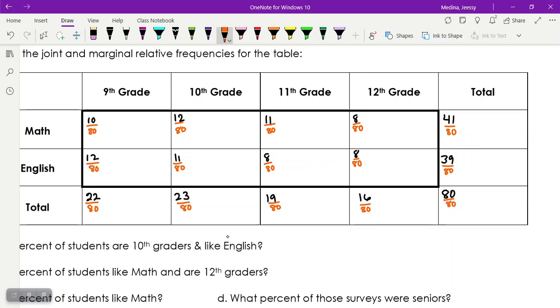All right, grab calculators. 10 divided by 80 and then times 100. 10 divided by 80.